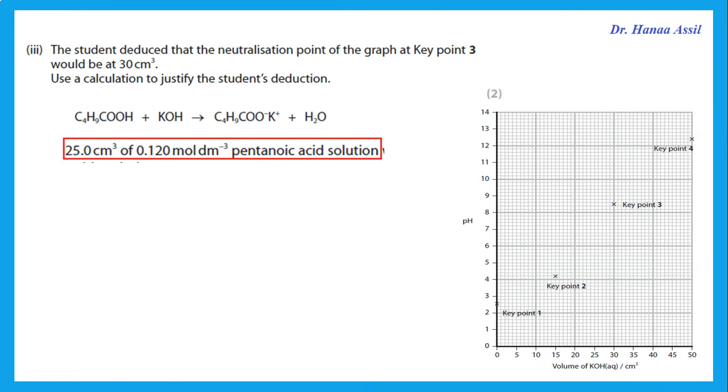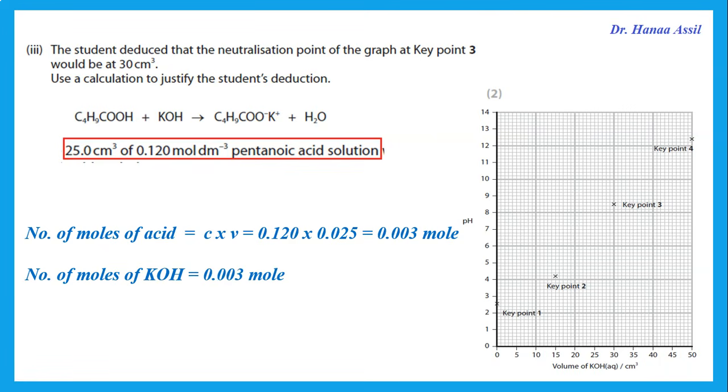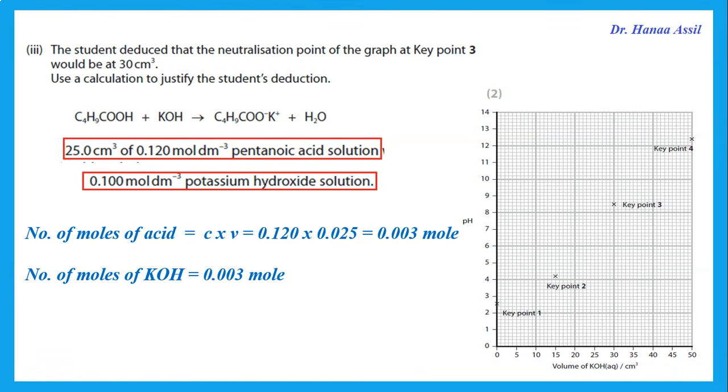Looking at this equation, we added 25 cm³ of 0.12 mol/dm³ pentanoic acid. So the number of moles of acid is what? It's 0.003 mol, concentration times the volume. The number of moles of KOH from the equation would be the same. So from that, I can get the volume of KOH needed.